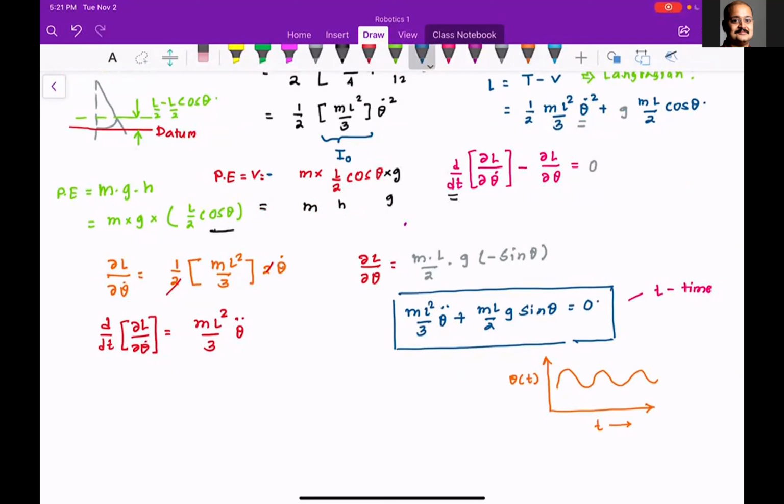You could take the derivative of theta and get theta dot of t. Everyone understood this?